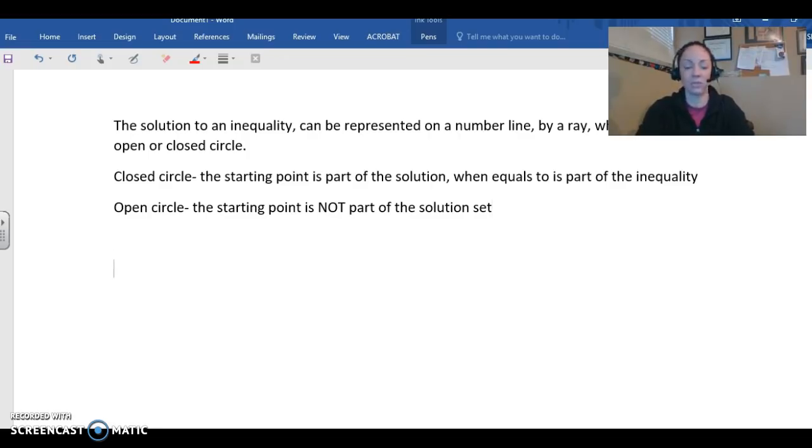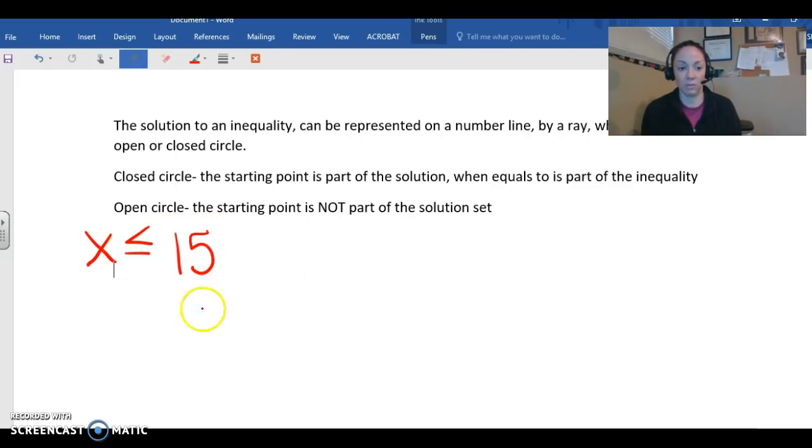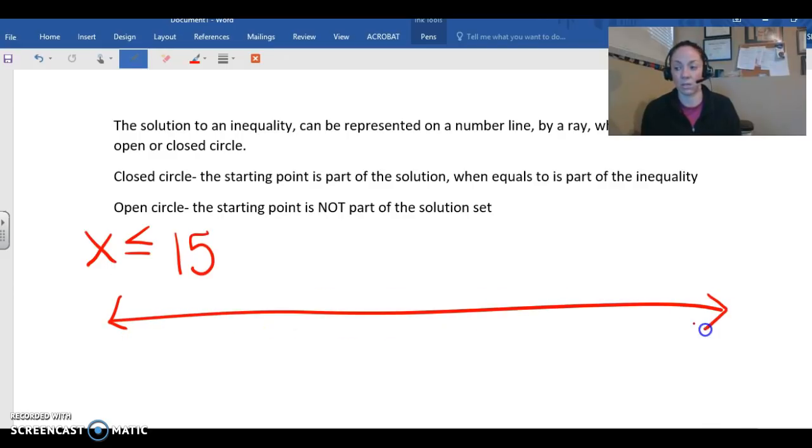So let's try some of these together. So let's say I give you guys x is less than or equal to 15. So I would draw a number line that looks like this, and in the middle, let's say 15's right here. 14, 13, 12, 11.